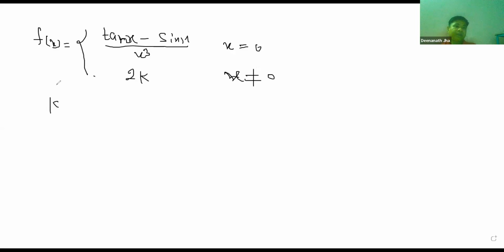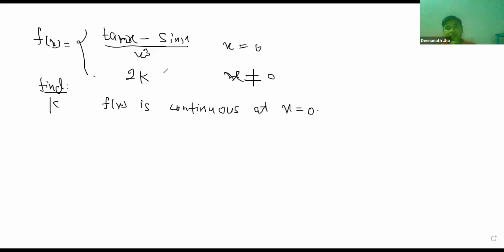Find k so that f(x) is continuous at x equal to 0.